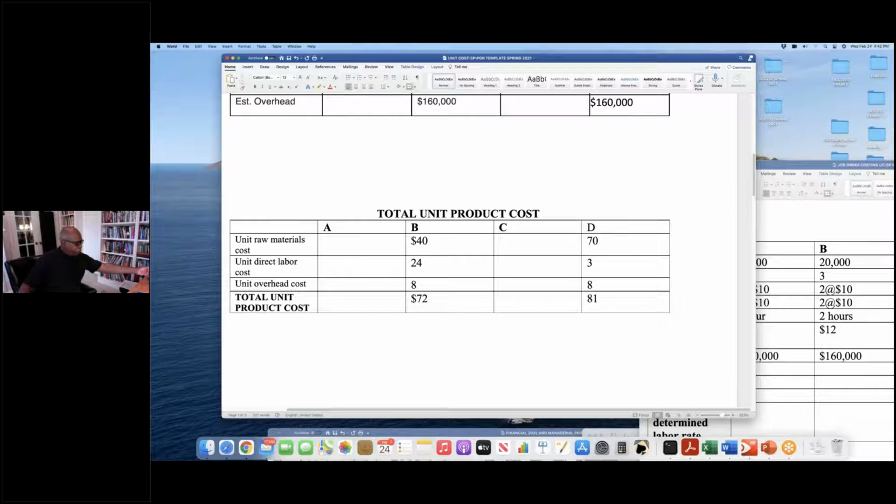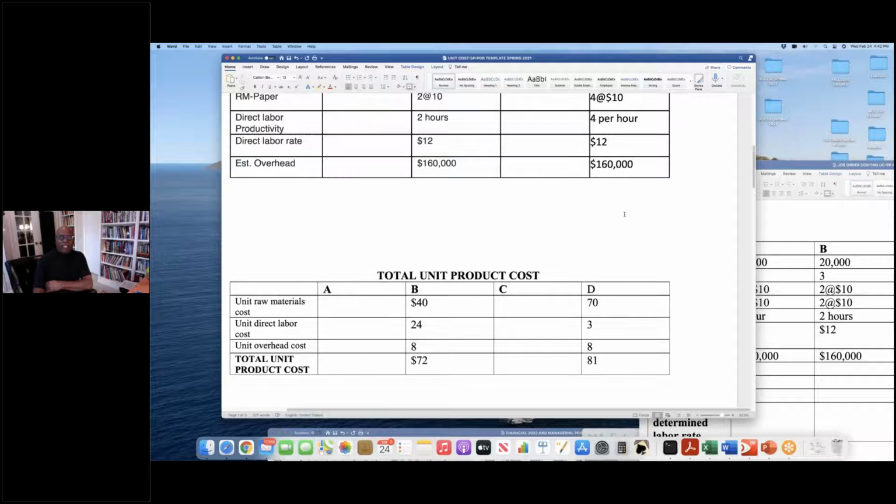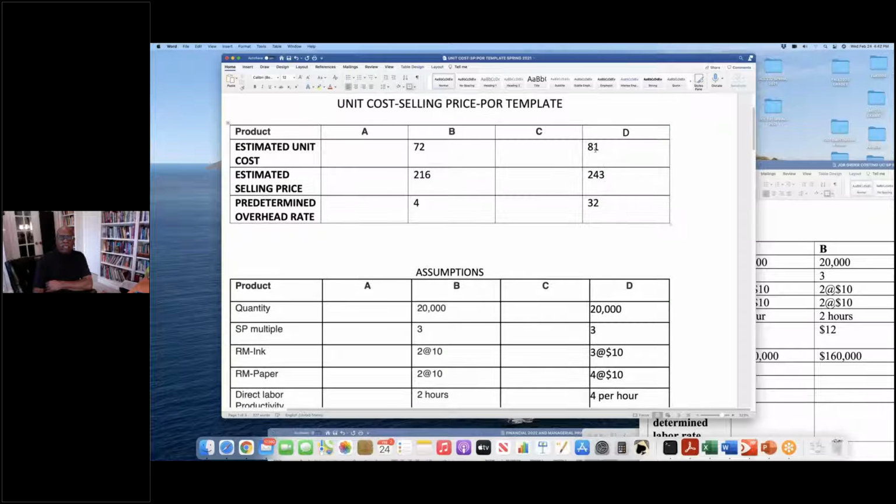Total cost, 70. Okay, I got it. And the 81 comes up here. We go down here and get the selling price multiple. How do we get our 8?